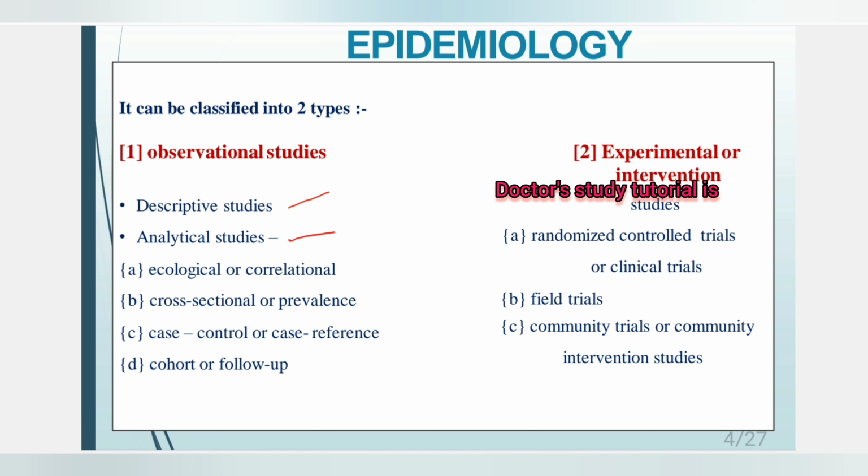Analytical studies are divided into ecological or correlational, cross-sectional or prevalence, case control or case reference, cohort or follow-up, and the experimental or intervention is divided into randomized control trial or clinical trial, field trial, community trial or community intervention studies.